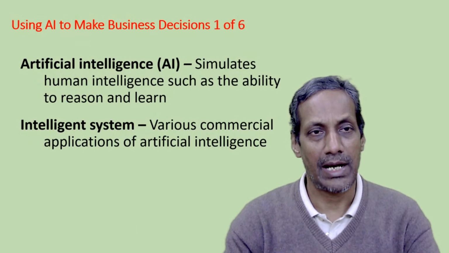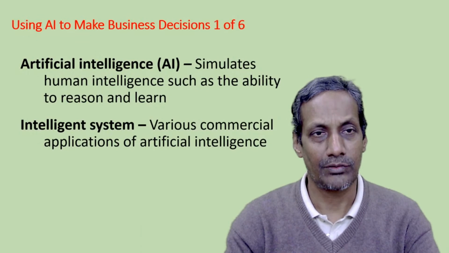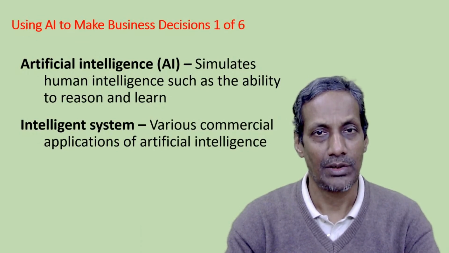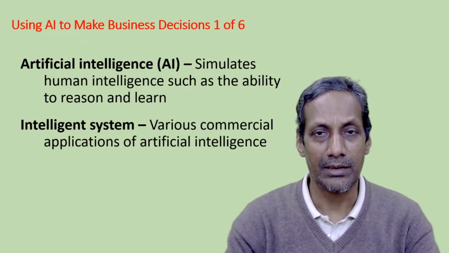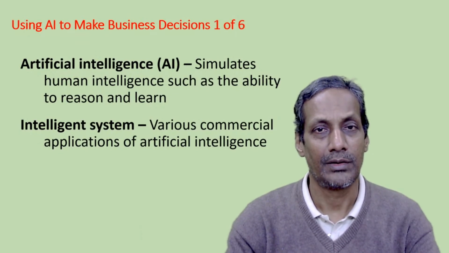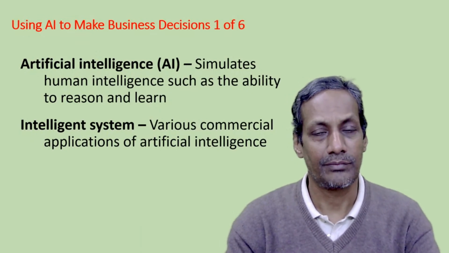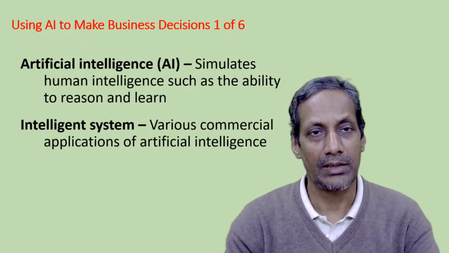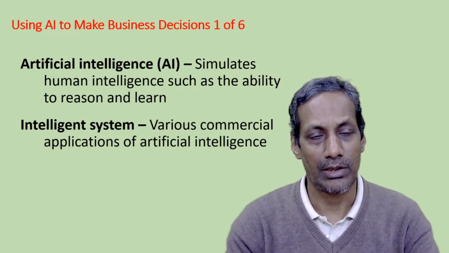Artificial intelligence and intelligent agents today are installed within information systems because artificial intelligence can make a decision for the manager instead of the traditional tools. Artificial intelligence helps simulate human intelligence to reason and to learn.